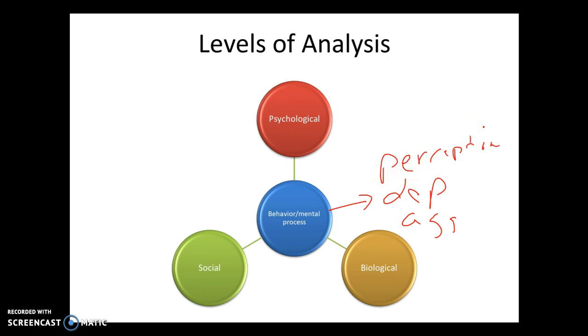And what levels of analysis is saying, it's not saying that every psychologist is eclectic. It's saying to understand any type of behavior or mental process, the best way to do it is to combine these multiple perspectives. Now, just a word of caution. This confuses students.